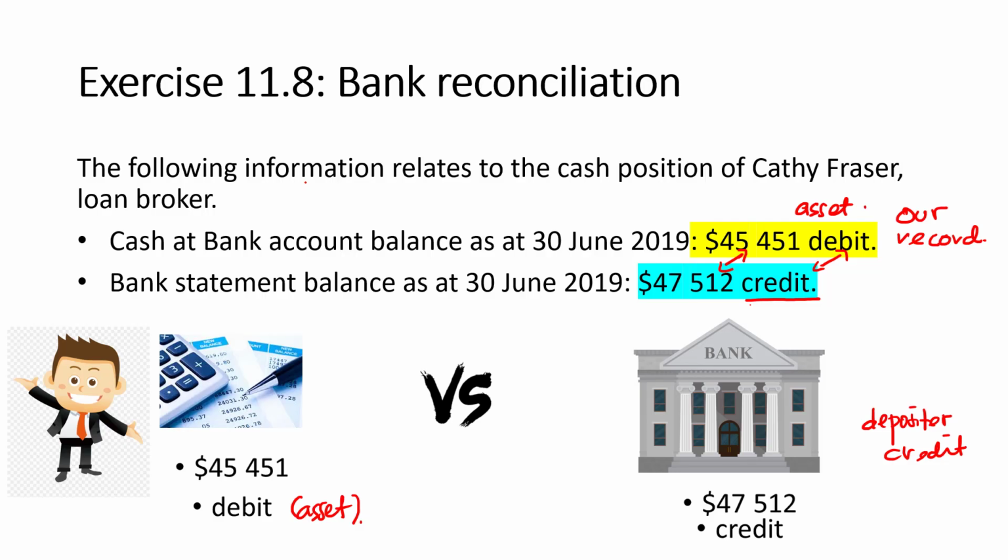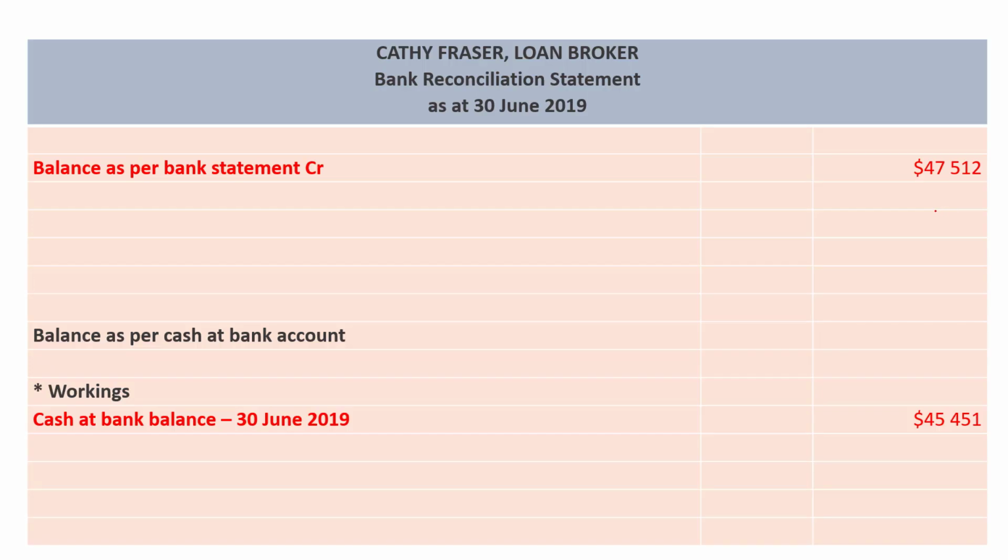The balance is 47,512. So you put the amount here. Then we're going to do some adjustments here, plus and minus. And at the end of the day, we're going to have a balance as per cash at bank account.